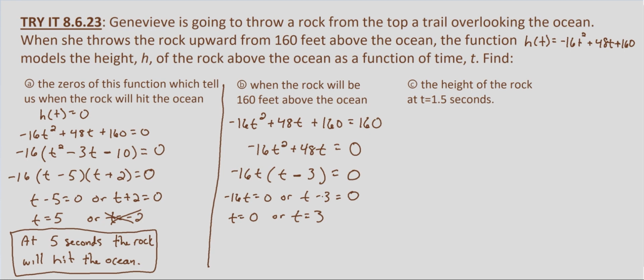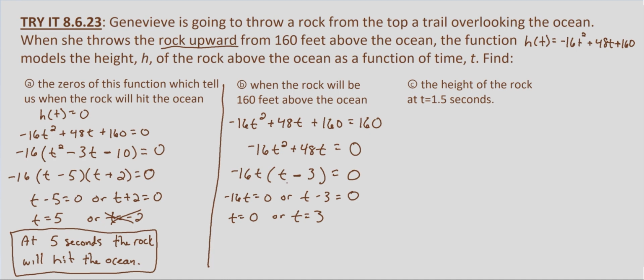So what this tells us is that she has thrown the rock up, just as we said. It says Genevieve is going to throw a rock from the top of a trail overlooking the ocean. When she throws the rock upward. Now, if she just dropped it, then the only time it's going to be at 160 feet is at t = 0, because she's dropping it from 160 feet. But this indicates that she threw the rock upward.